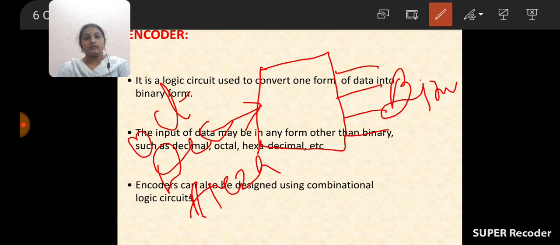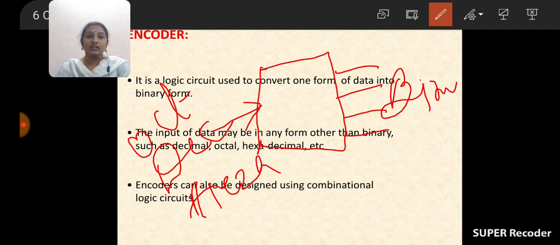Finally, the encoder is a circuit used to convert one form of data into another form. But what is that other form? Binary. The output of the encoder is only binary. The input may be octal, decimal, or hexadecimal, but the input is not a binary number.